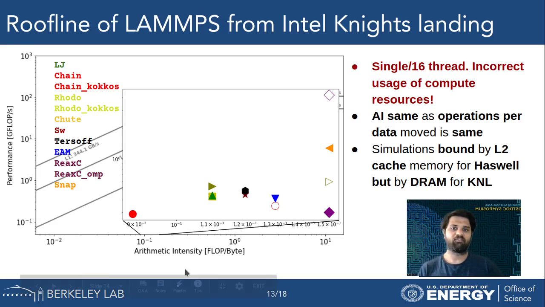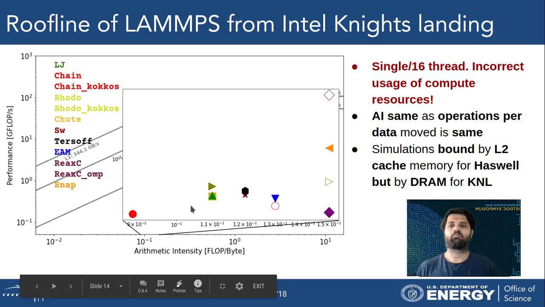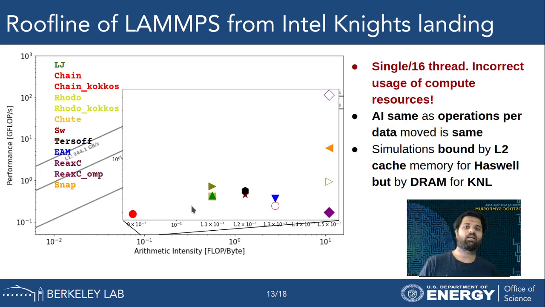And as you can see, even then, the analysis that we obtained from our previous slide holds true even for this, meaning that a parallelized version would obviously have a higher arithmetic intensity.